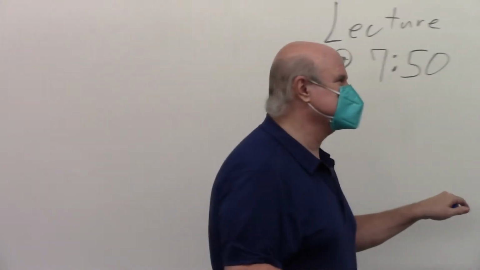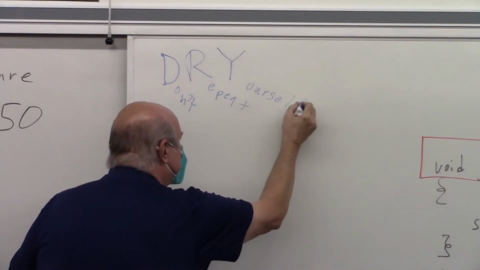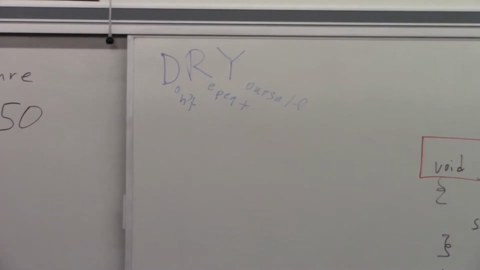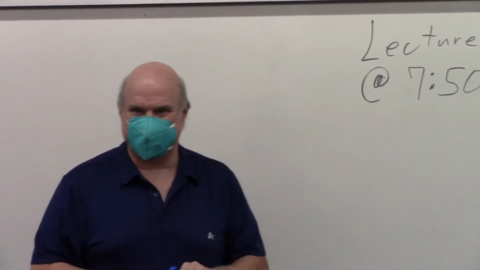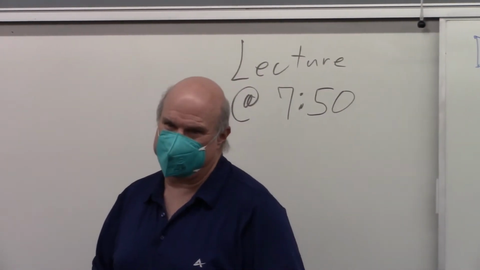What it stands for is don't repeat yourself. Don't repeat yourself means don't write the same piece of code twice. Write it once, put it in a method, and then call the method multiple times. That's what don't repeat yourself means.